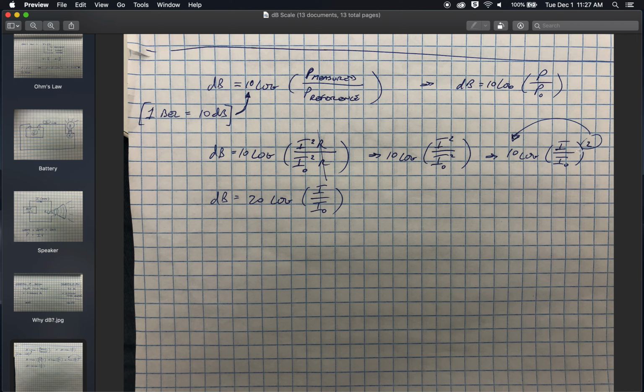And just a property of logarithms, if you have this exponent, you can bring it outside of the logarithm function and multiply 10 times 2. That gives us 20. This is not super important, but you'll see both ways. You'll see decibels sometimes as 10 log P or 20 log I, and that's why. It's just a property of logarithms.